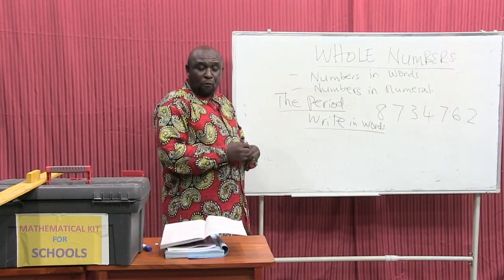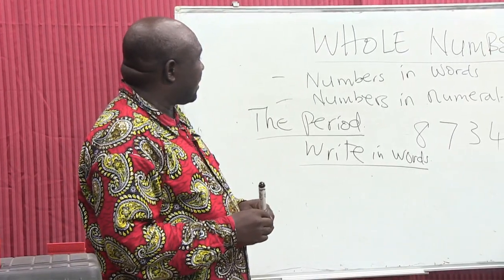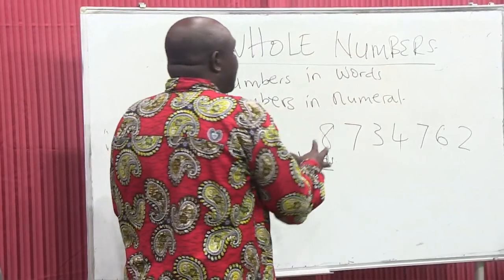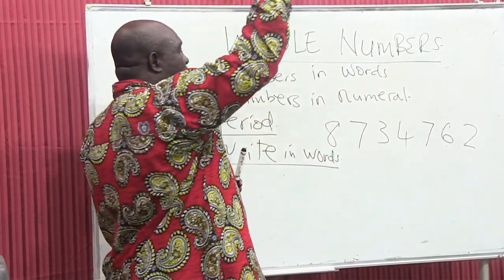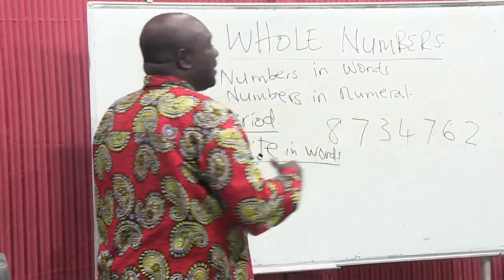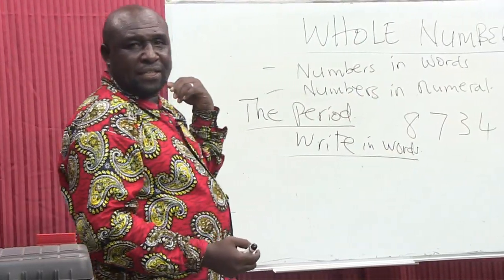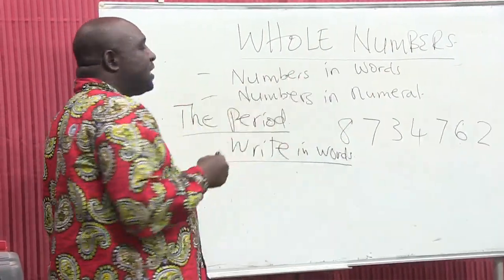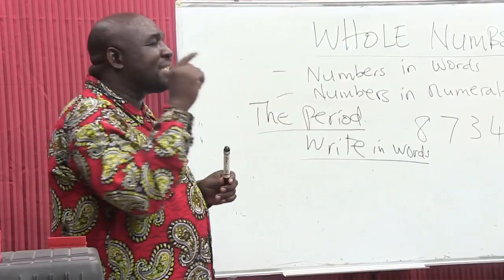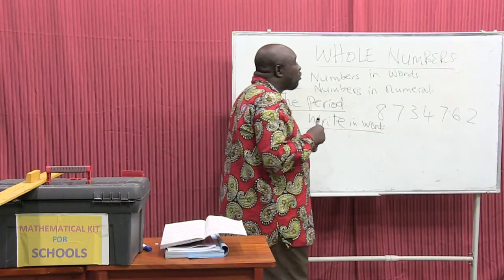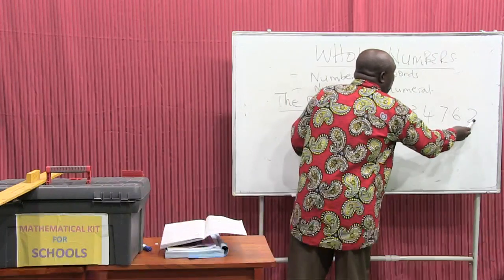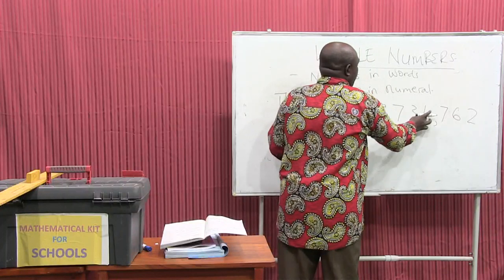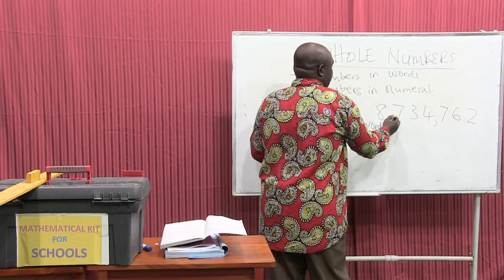So the concept of period is that you group the digits from the right-hand side to the left-hand side. The maximum number of digits in each group is 3. So you count 1, 2, 3, put a comma. 1, 2, 3, put a comma there.